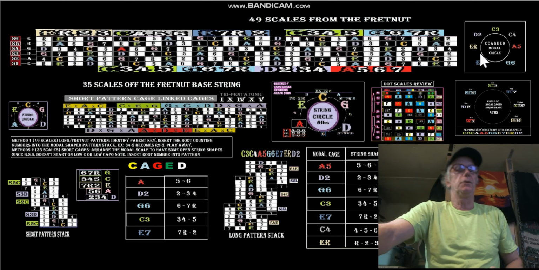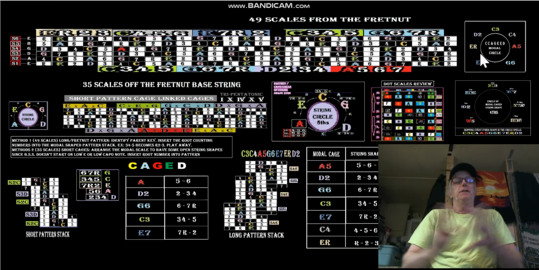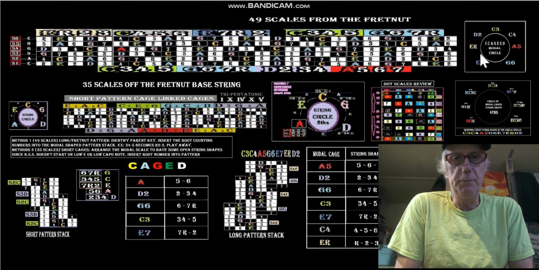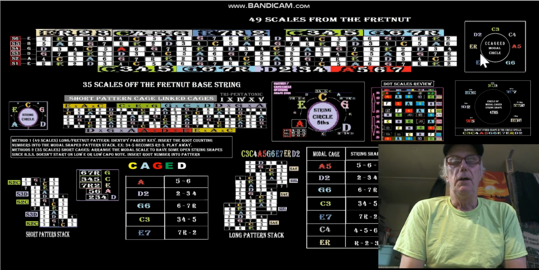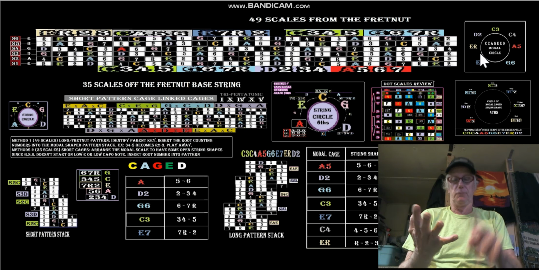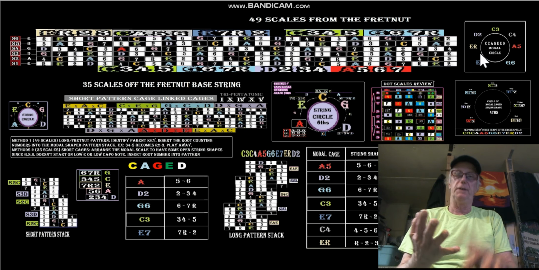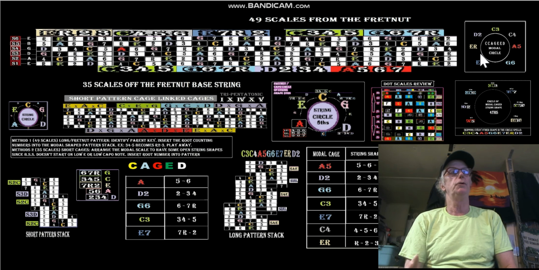If somebody says, let's play something in D minor, or let's play something in F, that F could be the root, the fourth, or the fifth, but if they say in F, it's going to be the root.